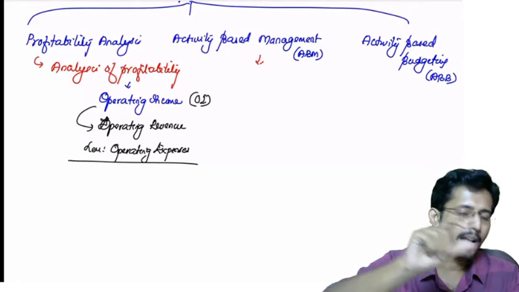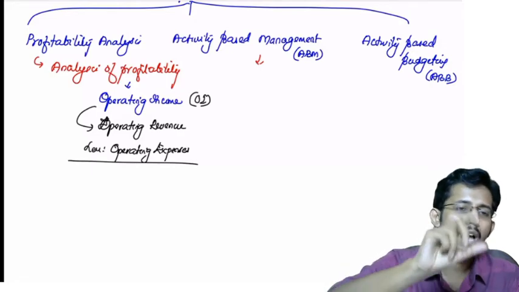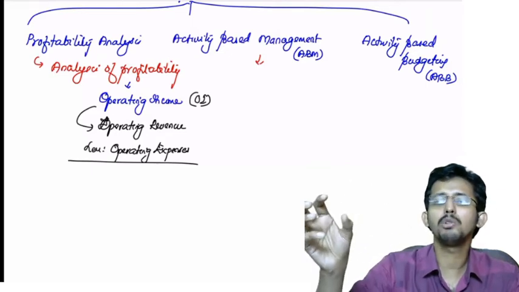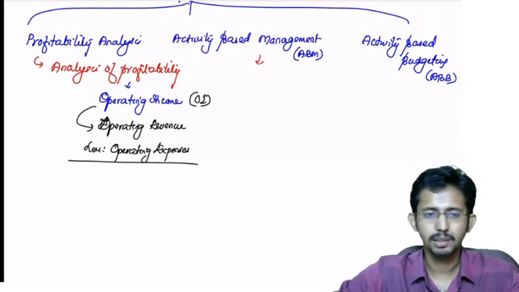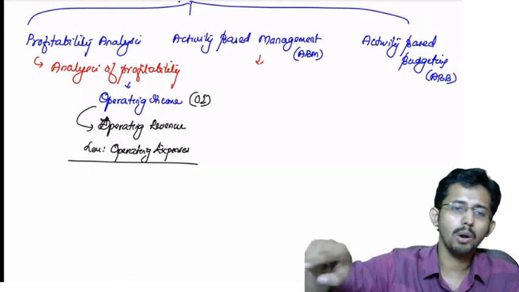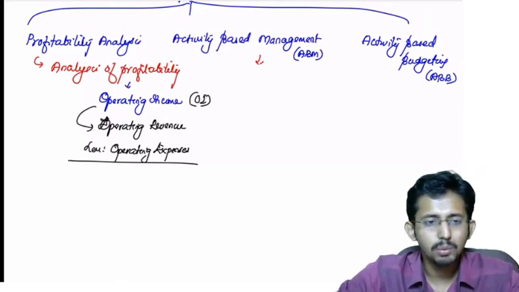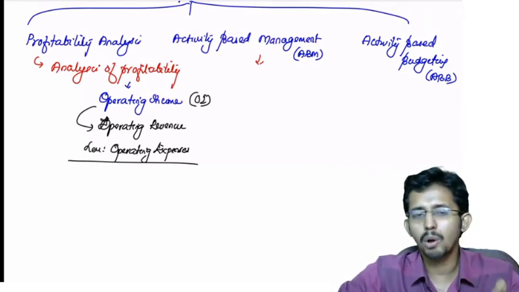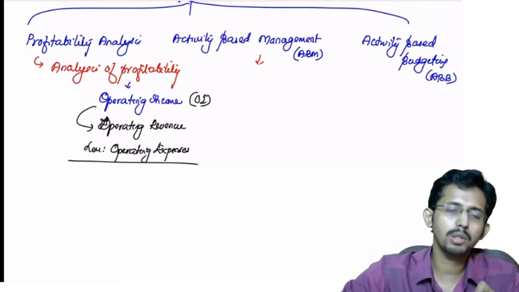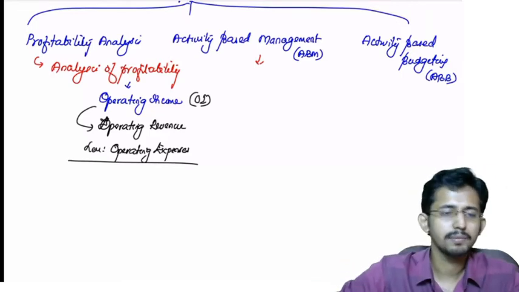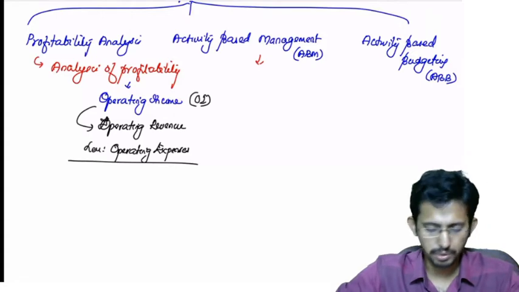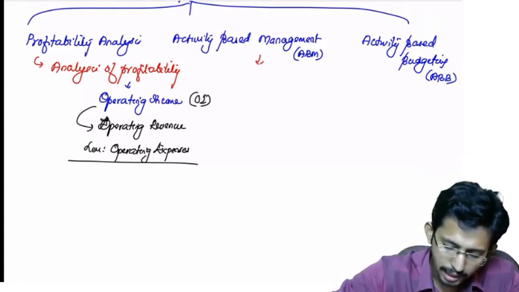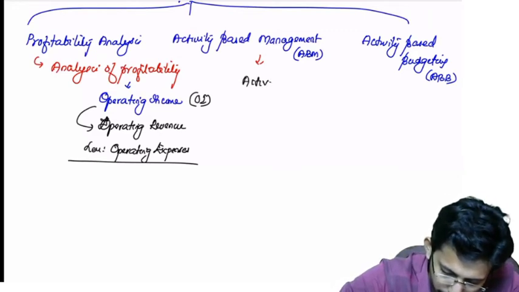And we are watching how much volume of these cost drivers is consumed by each activity, which translates into a cost. And now it is almost settled that the best method to control the cost of any entity is to focus on this activity and its associated cost.